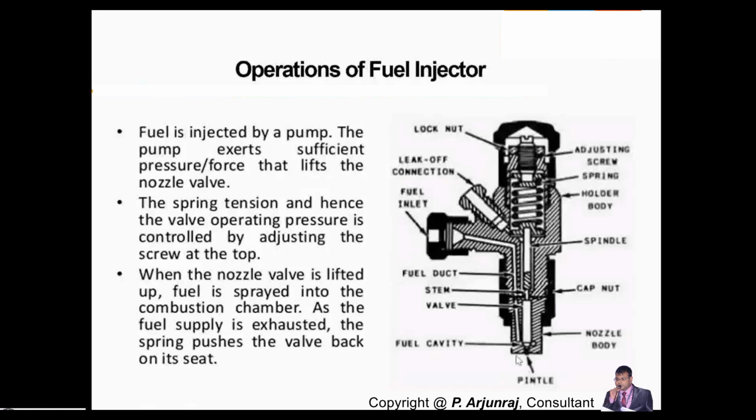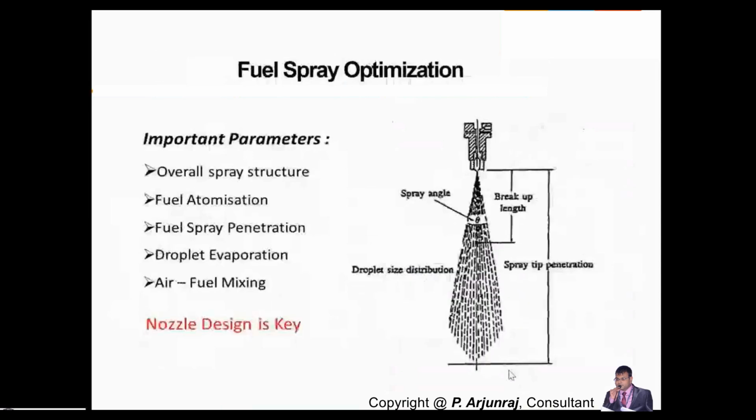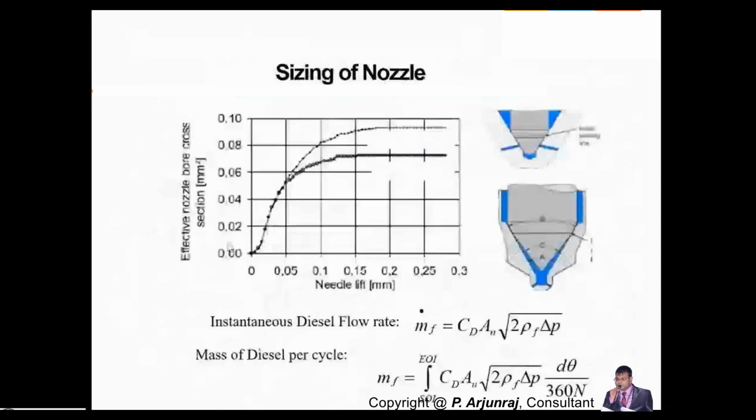It's not that you are increasing the nozzle area itself, but the quantity of fuel in the nozzle location is going to be higher, so when I take the cross section of the quantity, that is going to be higher. That is what is shown here: the area is going to be higher when the needle lift is higher.